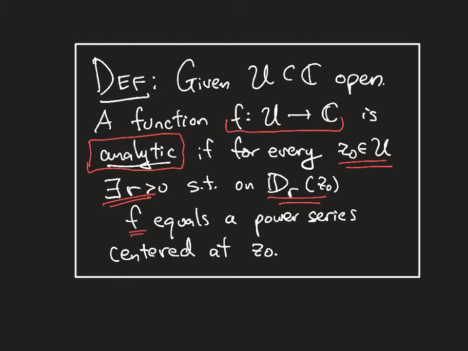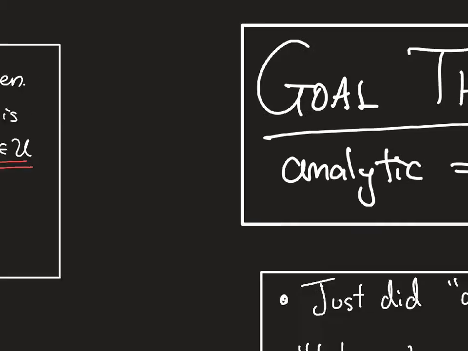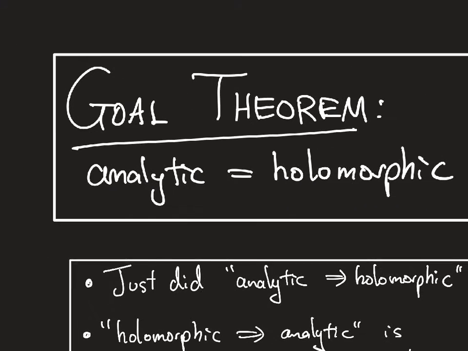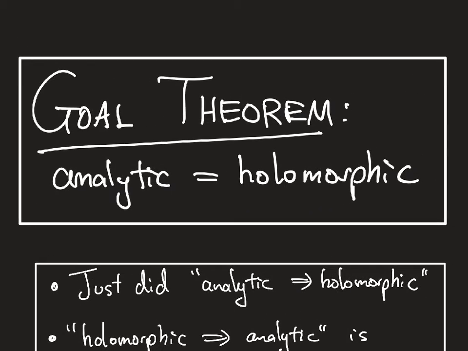Of course, in some ways, this definition is silly because of the following goal. A major goal in the beginning of this course is to prove that analytic functions are the same as holomorphic functions. So the point of this is that checking that something is holomorphic is generally easy.